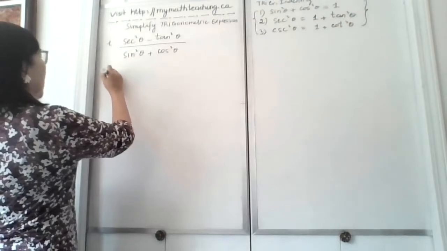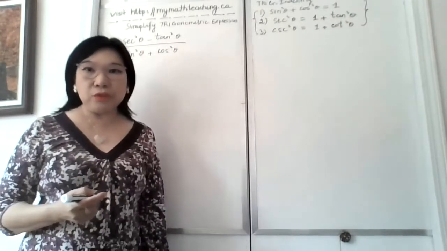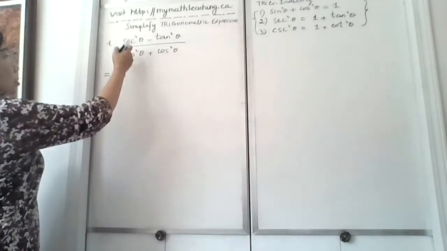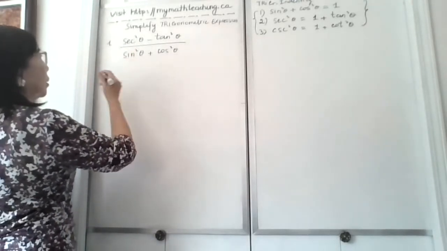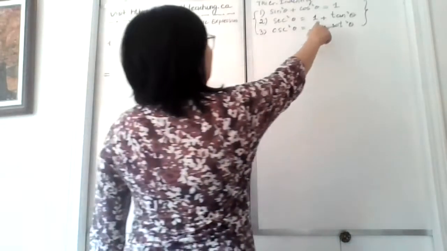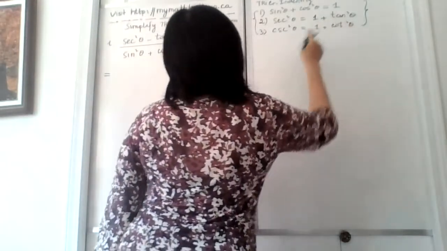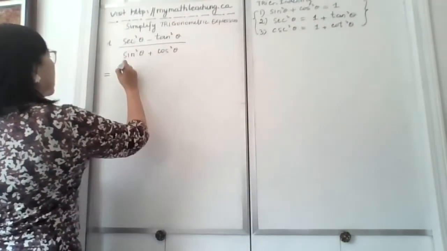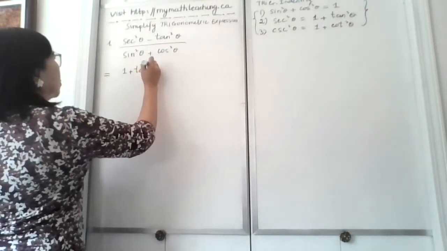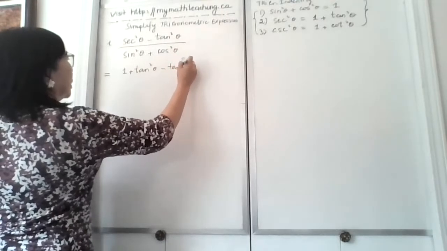You also know that secant square theta is the inverse trigonometric of cos square theta. So I'm going to change the secant square theta. Actually, I can use the identity right here: secant square theta equals 1 plus tan square theta. So secant square theta equals 1 adding with tan square theta, and now minus tan square theta, we copy it down.